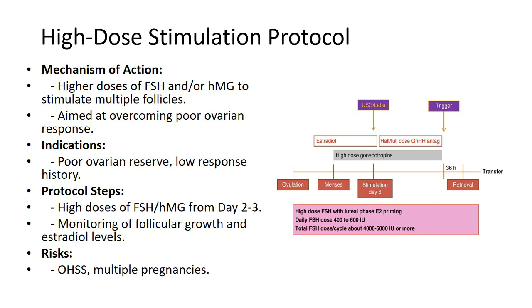Follicular development is closely monitored using ultrasounds and hormone levels. Triggering ovulation: once follicles reach the appropriate size, 18 to 20 millimeters, HCG or recombinant LH is used to trigger ovulation. Egg retrieval: egg retrieval is performed after the HCG injection.